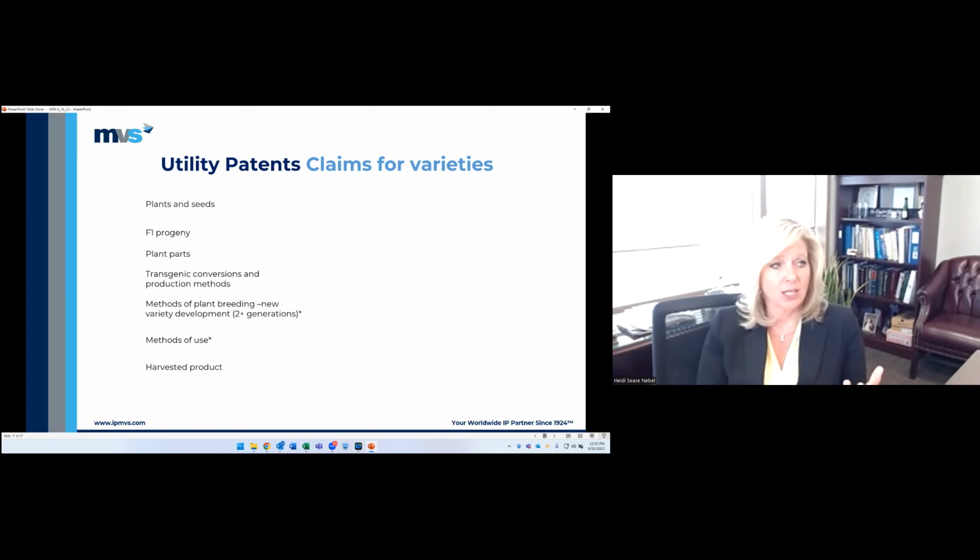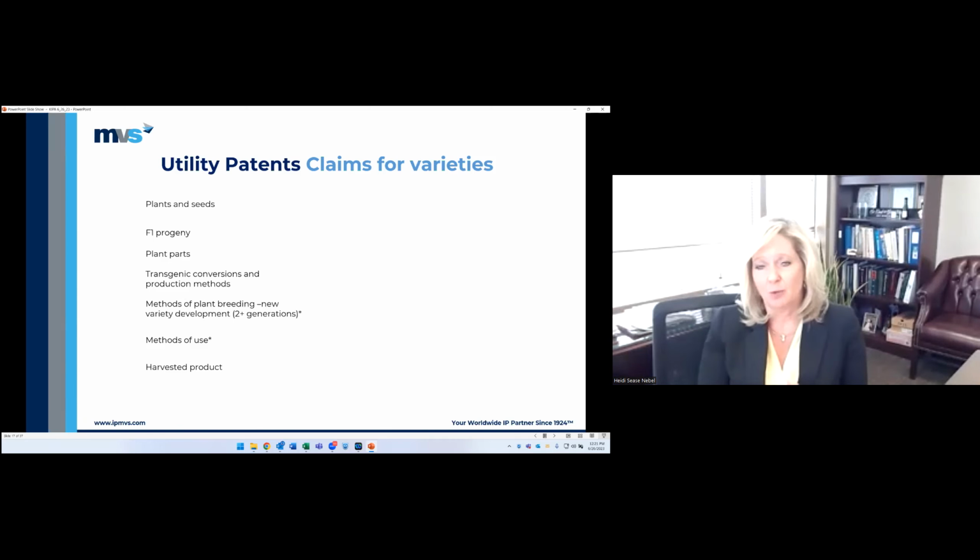You can protect transgenic conversions. You can protect production methods, new methods of plant breeding from that variety used as a parent in a cross, methods of use of the plant in generating new plant varieties, and also the harvested product as it relates to that product that was developed from that original seed.